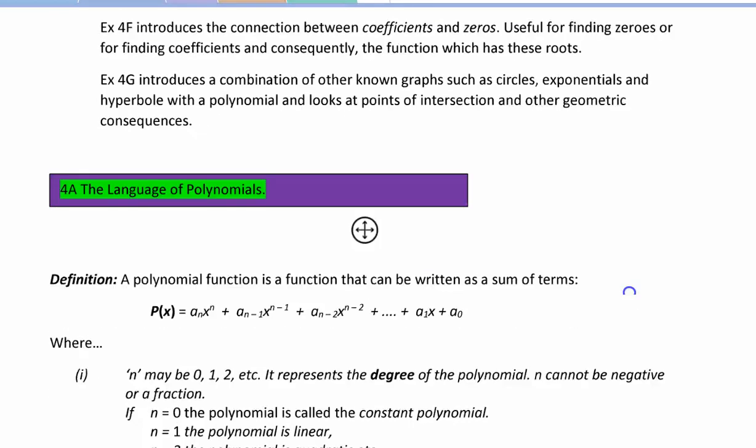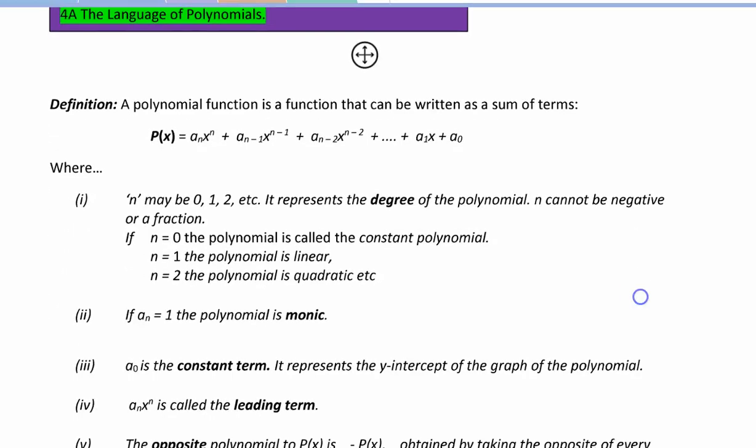Okay, let's move on. So a polynomial function, and we have an understanding of the word function. We can graph functions. We usually graph them on an XY number plane. And it can be written as a sum of terms.